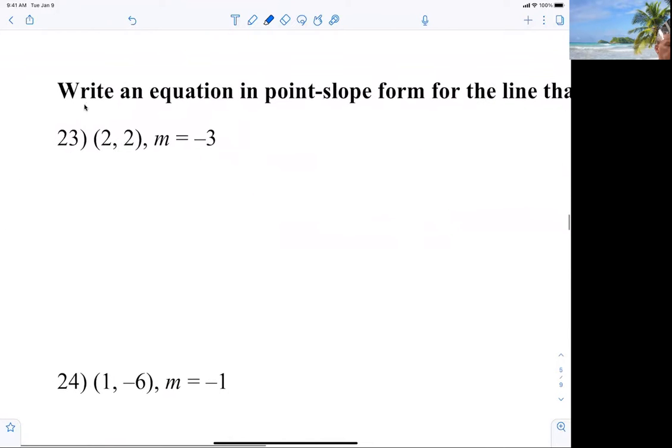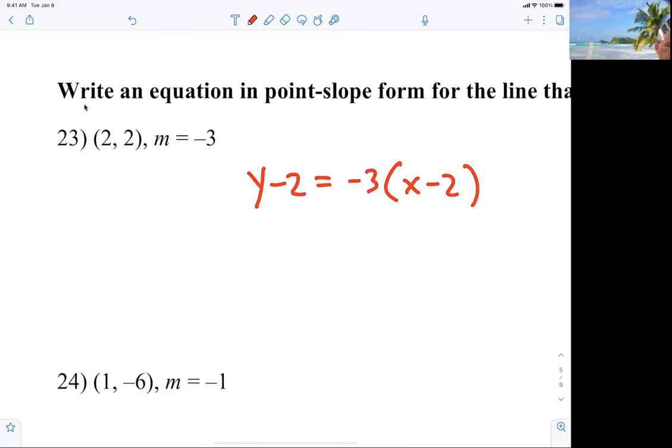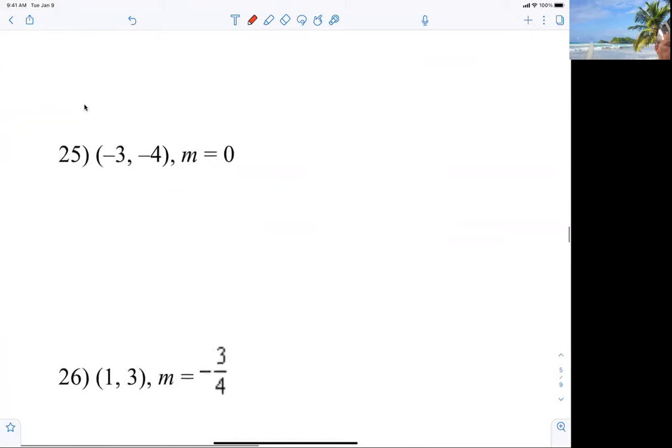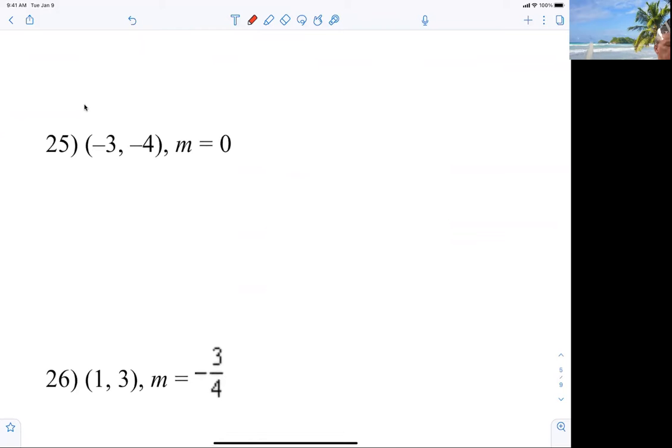All right, same thing here. So let's write it. What do we got? Equals, easy. All right, 25. Everybody should be able to look at that and just say what? Y equals -4.